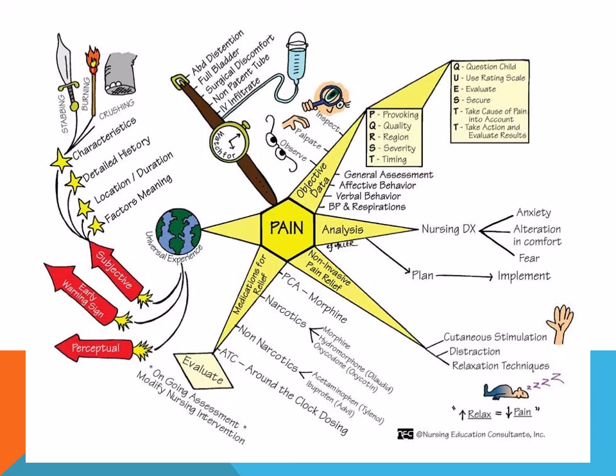Around the clock dosing is that every pain medication after some time will have its effect dying. And if the patient has one main pain medication scheduled to be given at 9, another pain medication scheduled to be given at 4, then in between, what if the effect of the medication given at 9 fades away?